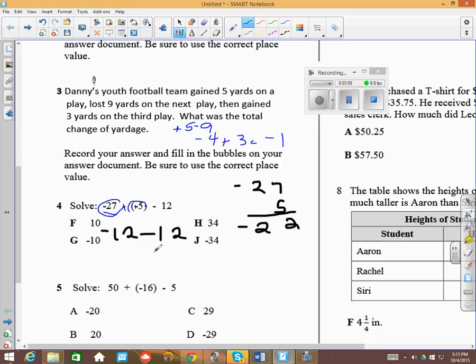That was a negative 22 minus 12. So it's still a negative. You have a negative 22 minus just a regular 12, and you change the sign to plus a negative. When you combine that, you still have a negative, and that's going to be a negative 34.